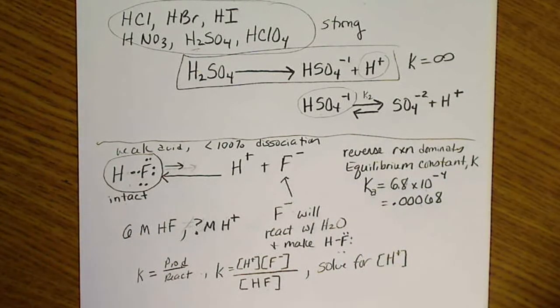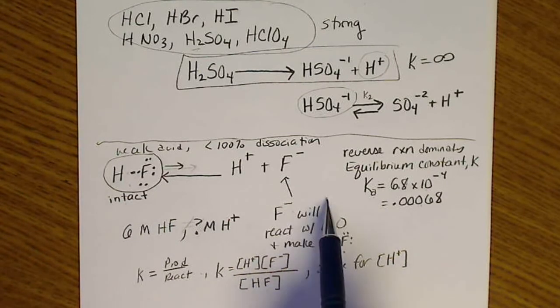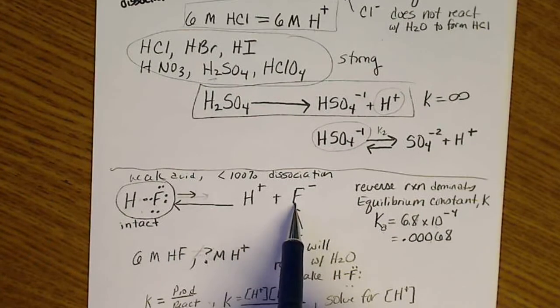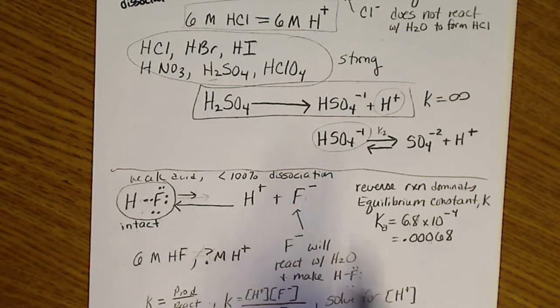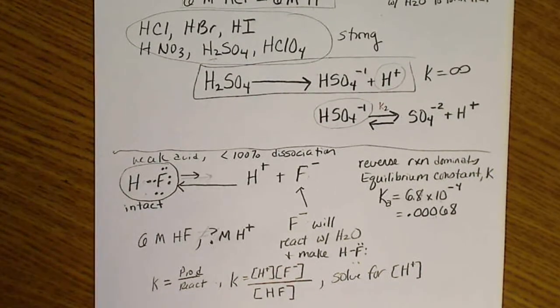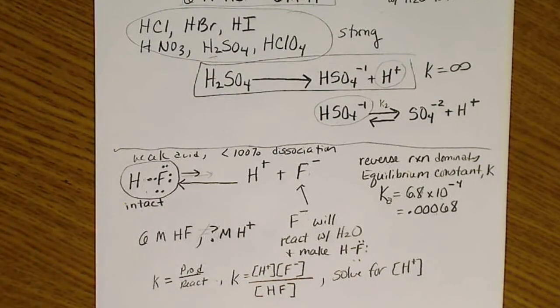We have to look at the equilibrium constant to solve for H+, and more importantly, because this reaction runs in reverse, fluoride will react with water. So we'll talk much more about that when we talk about the pH of a salt solution, or when we look at buffers, and also when we look at a titration reaction.